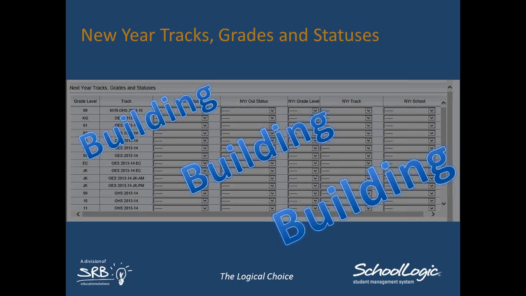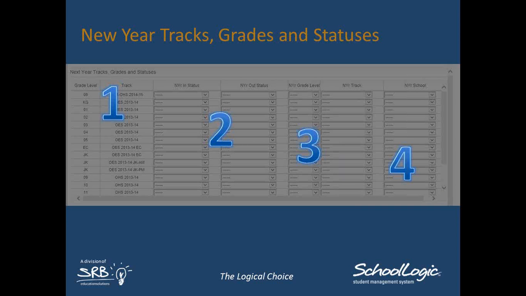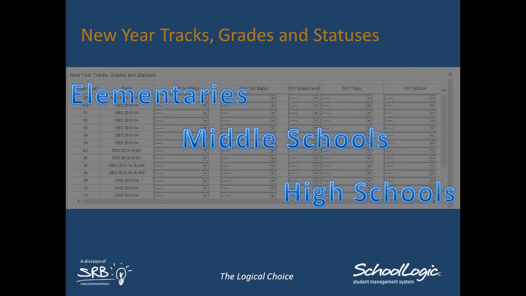And the plan is, step number 1, making your building people do this form. Step number 2 is making sure your building people fill this out in order. And by order, I don't mean left to right on this screen. I mean begin with your elementary schools, then work with your middle schools, then work with your high schools.